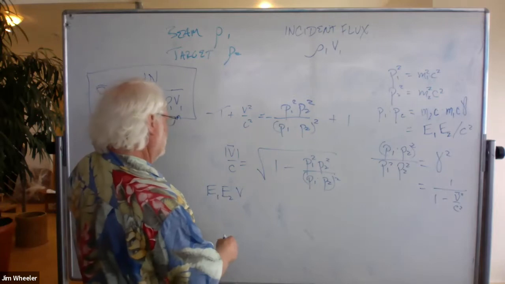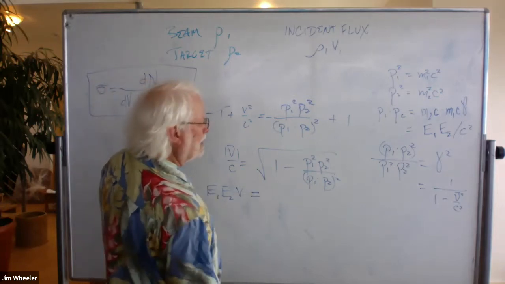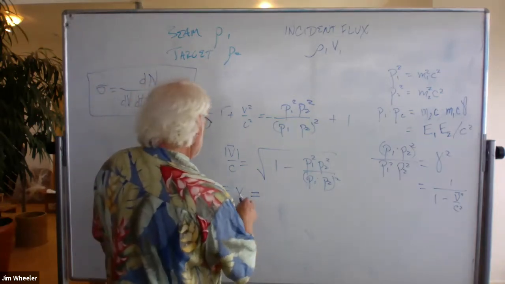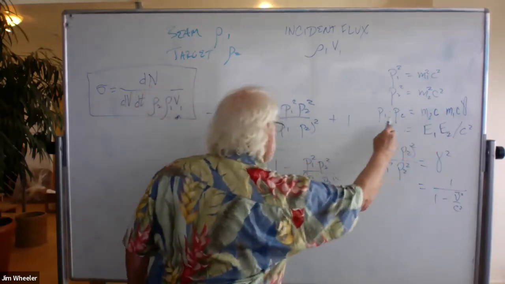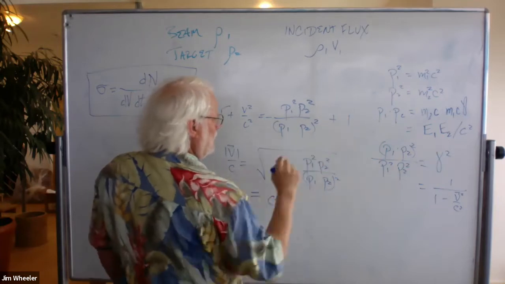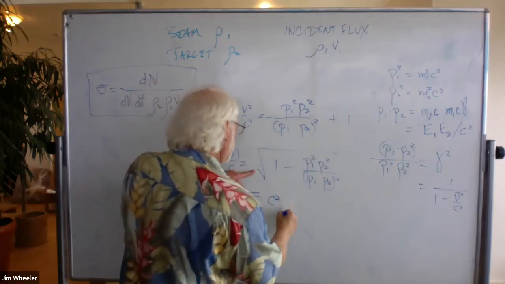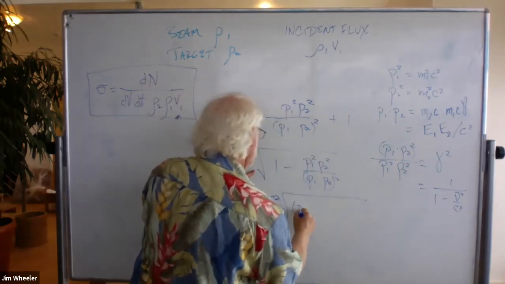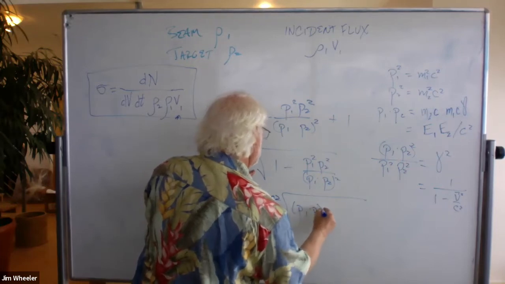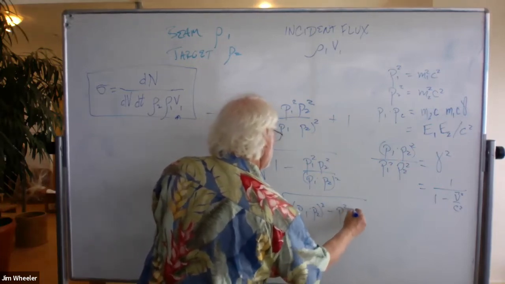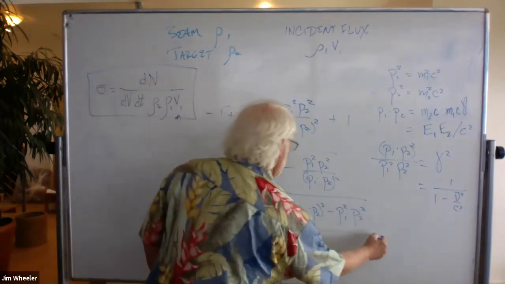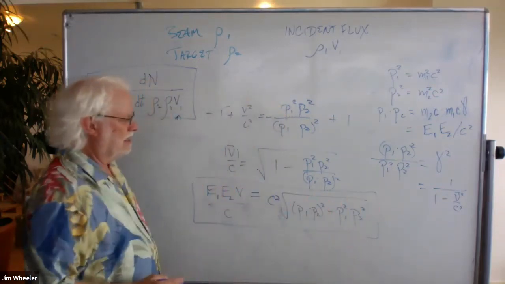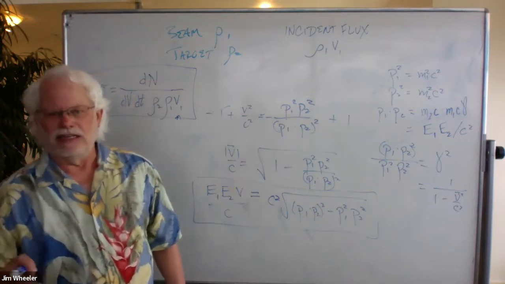And then, let's see, that is equal to c squared, this c squared here, times P1 dot P2 times the square root. So I can write this as the square root of P1 dot P2 squared minus P1 squared P2 squared. There we go. So the right-hand side of this is manifestly Lorentz invariant.